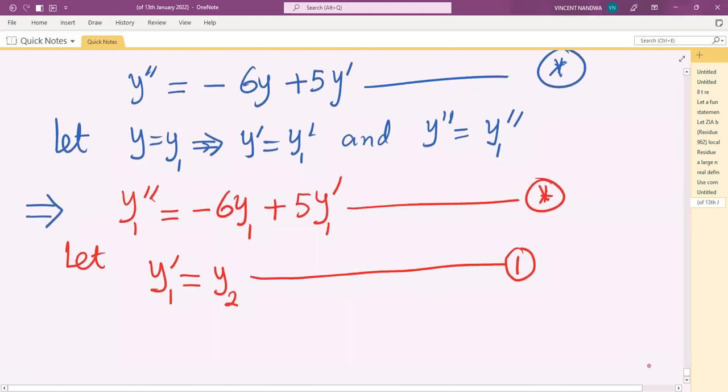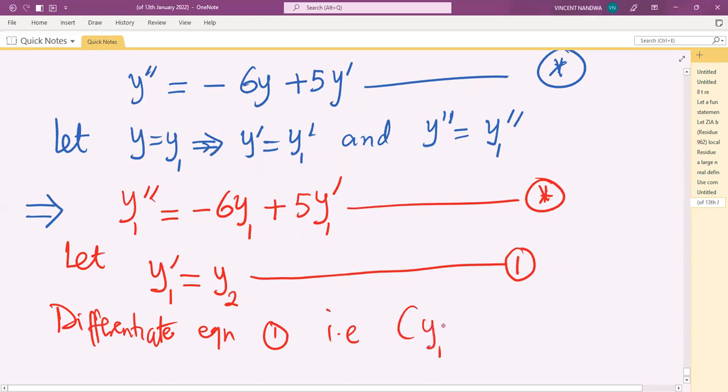With this equation 1, I say differentiate equation 1, i.e., equation 1 is y1 prime equals to y2. So I'm differentiating. This is the same thing as saying y1 double prime equals to y2 prime.